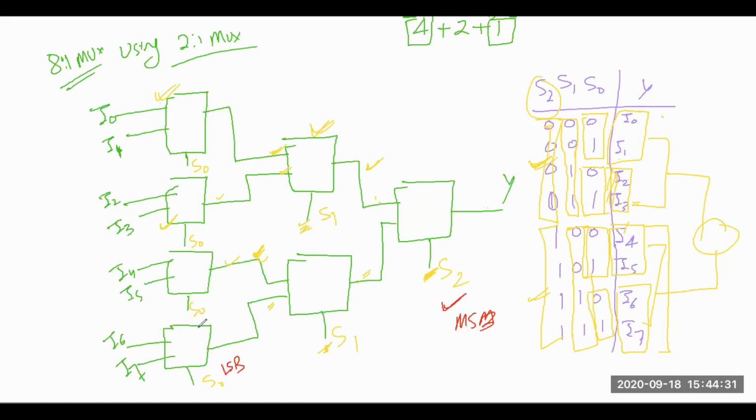So you need to remember this pattern in which you are connecting your select lines. If you are making your circuit in this way, your multiplexer will work in a very good manner, and you will not get any error. The same type of calculation we are doing in the case I explained till now.